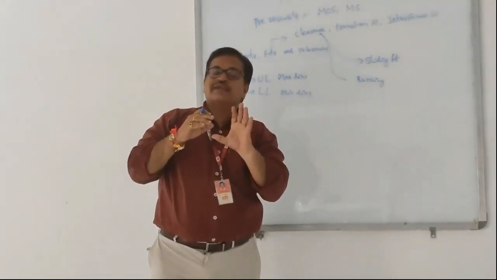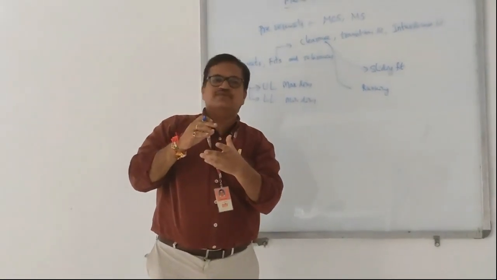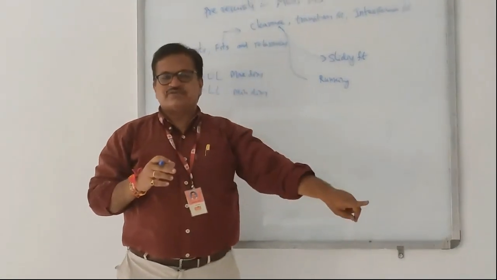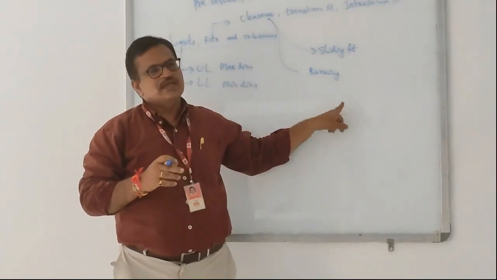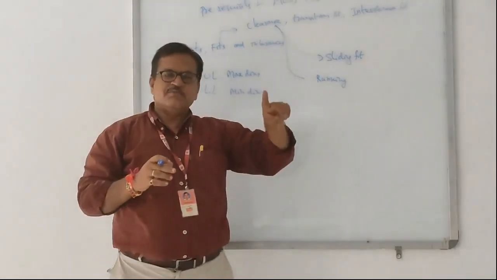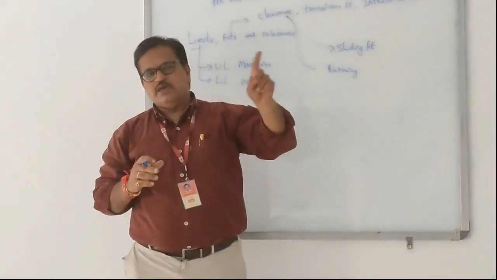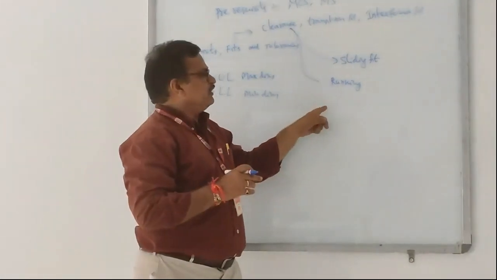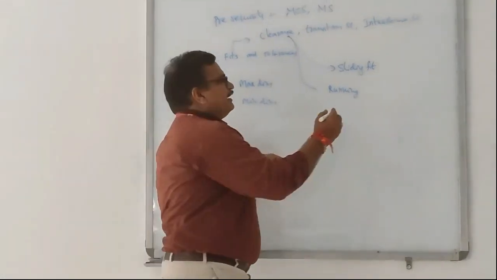So therefore that kind of clearance is known as running fit. For rotating members, the clearance is known as running. It may be a fan bearing, it may be a turbine bearing, it may be pump bearing. So all these are having clearance fit and which comes under running fit.